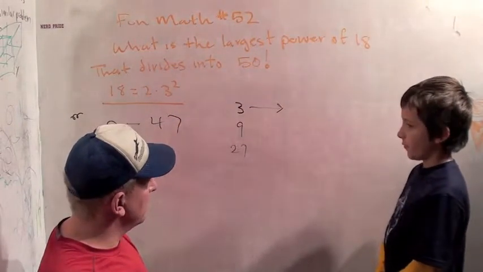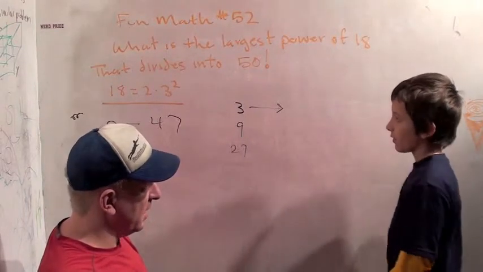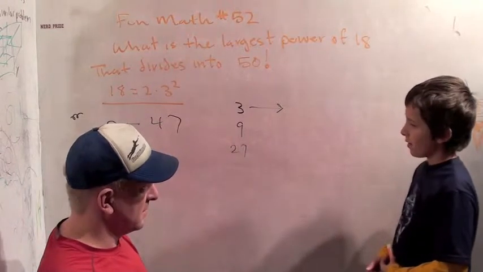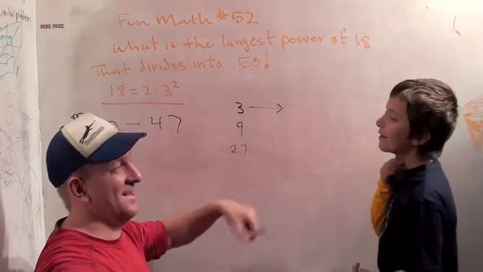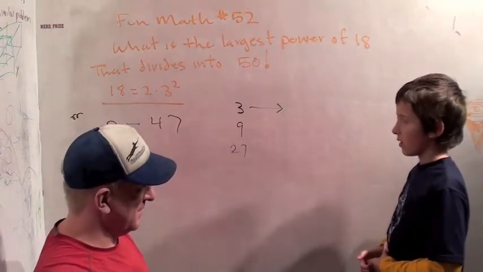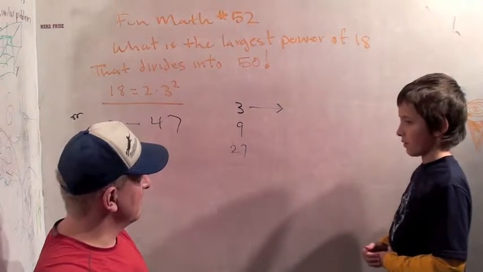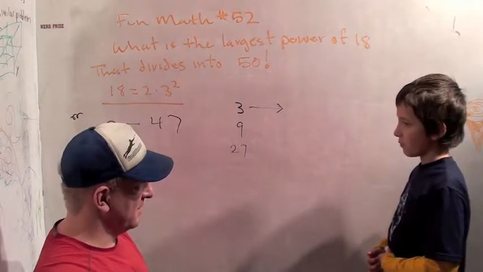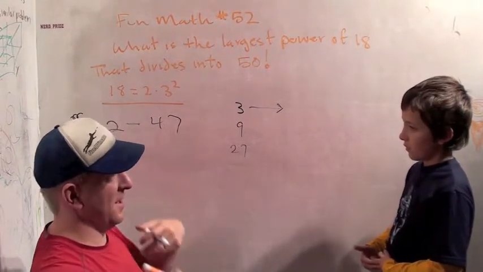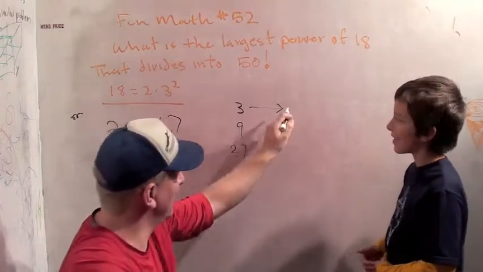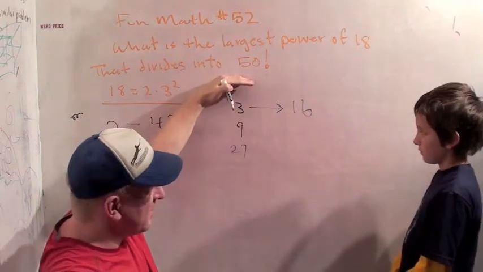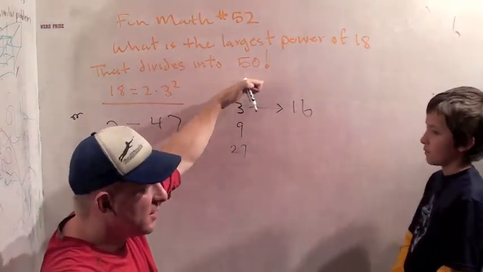Well, 50 over 3 is what we need to figure out. 15 times 3 is 45. 48 is the biggest number, so that's 3 times 16. So there's 16 multiples of 3 beneath 50: 3, 6, 9, 12, all the way up to 48.